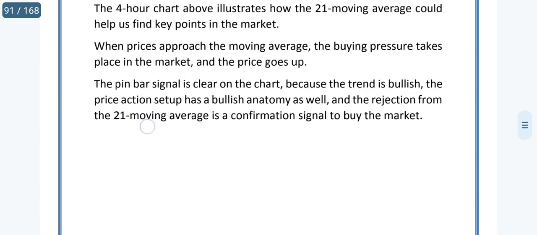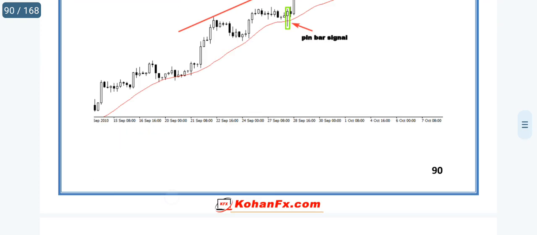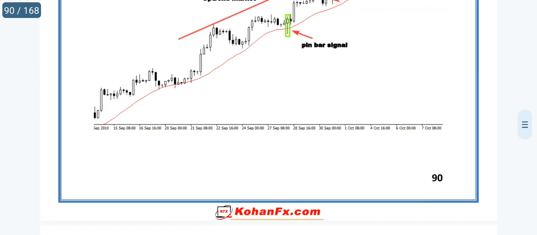It may be an uptrend or a downward trend, and when the prices approach the moving averages, the buying pressure takes place in the market and the prices go up. So the penny bar signal is clear on the chart because the trend is bullish. As you can observe, the trend is bullish, meaning that the buyers are the ones in control of the market.